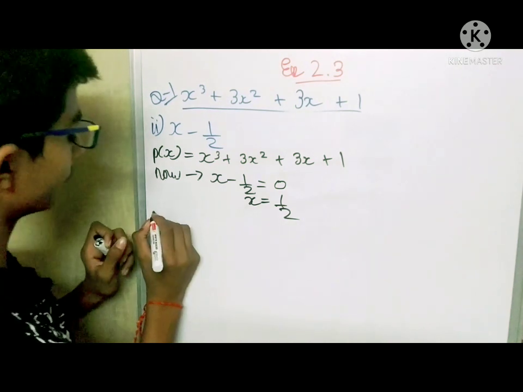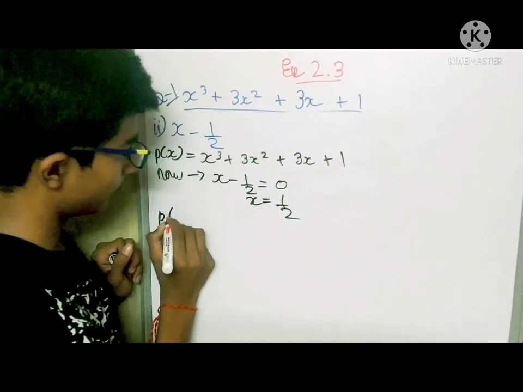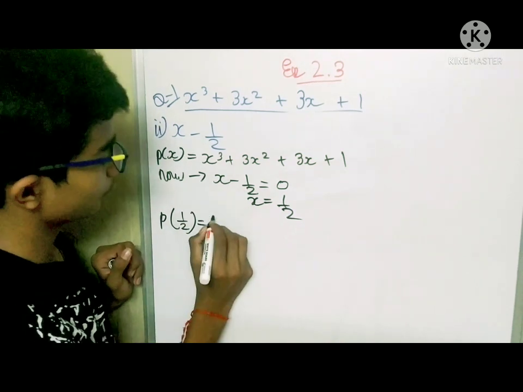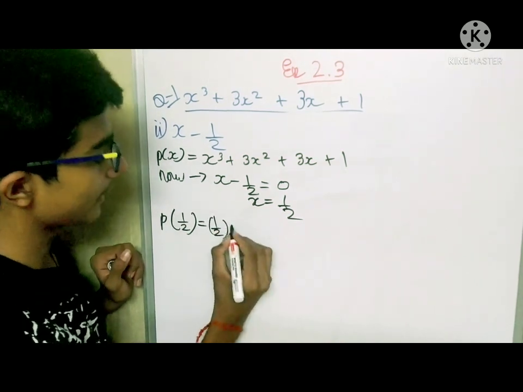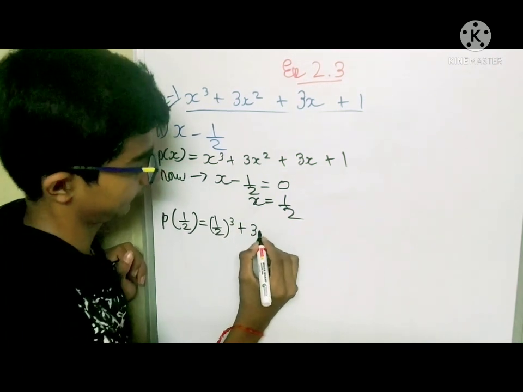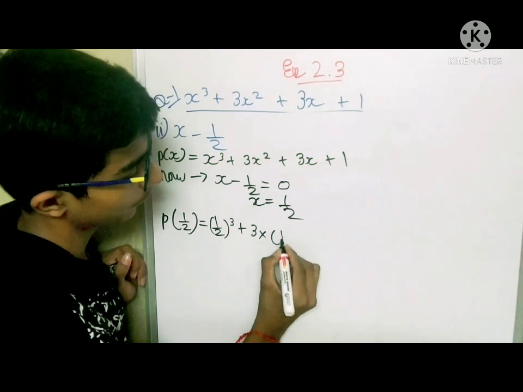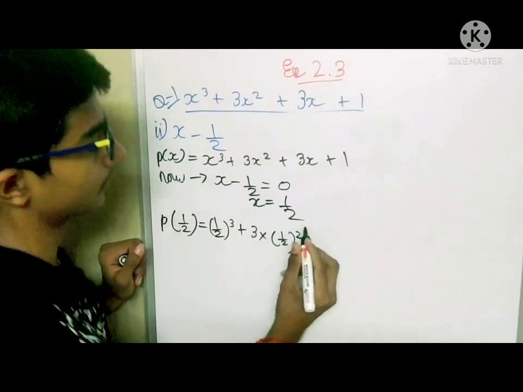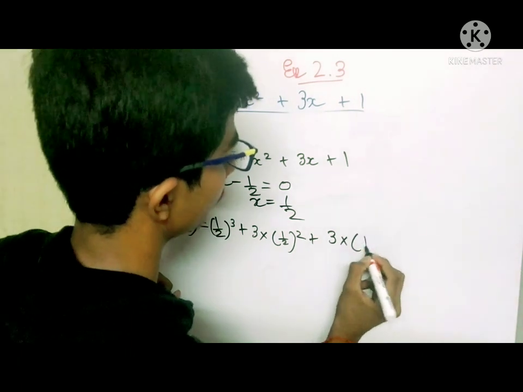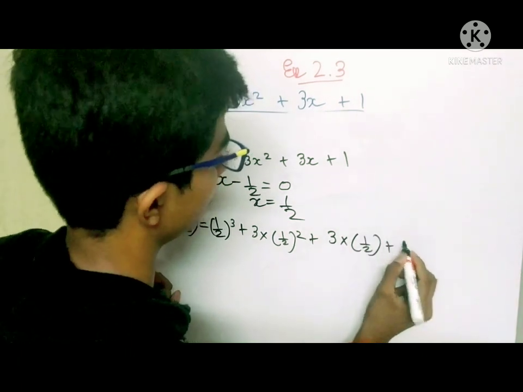Now here we are going to write p of 1 upon 2 is equal to 1 upon 2 cube plus 3 into 1 upon 2 square plus 3 into 1 upon 2 plus 1.